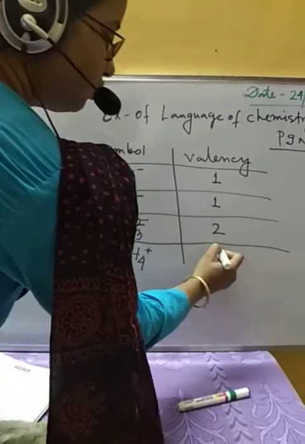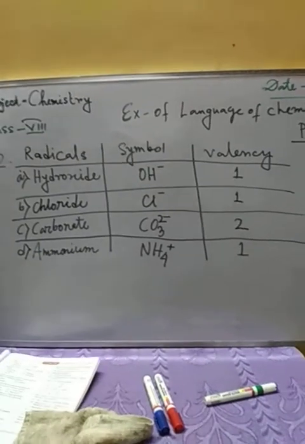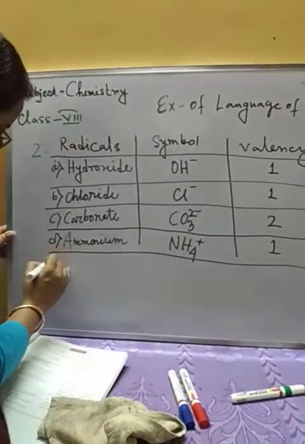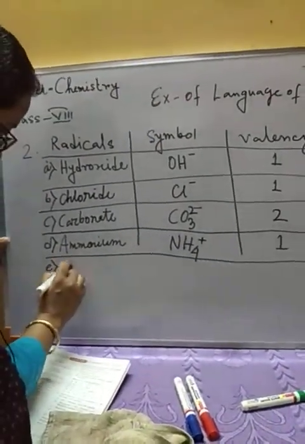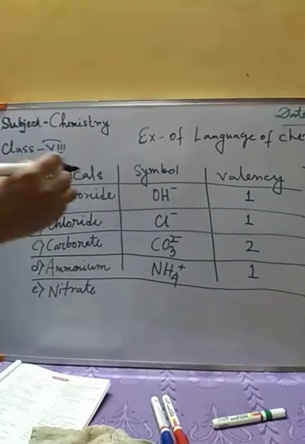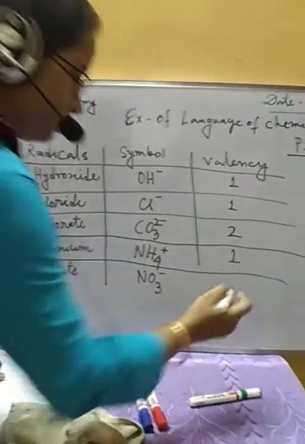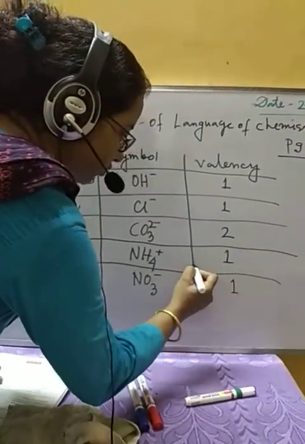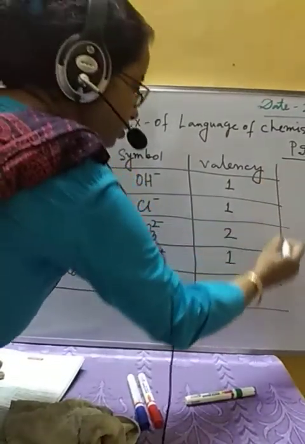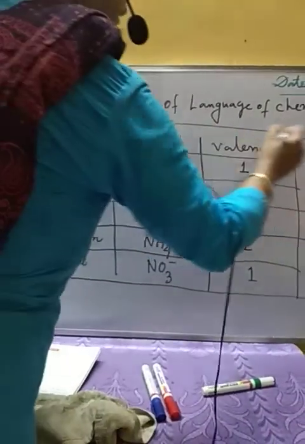Its valency will be 1. Next, nitrate, NO3 minus. One unit of negative charge, so its valency will be 1. In this manner you make a table and write it.